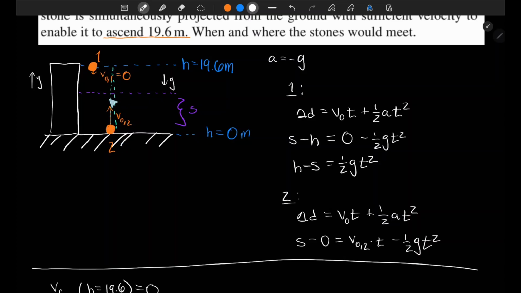So it goes up, it slows down because of gravity, and then at h equal to 19.6, it stops completely, and then it starts to move back down to the ground. It only stops for a very brief moment.